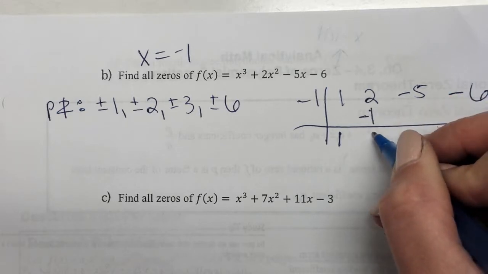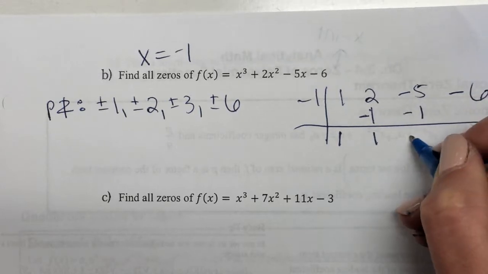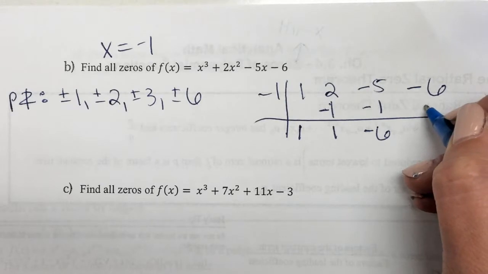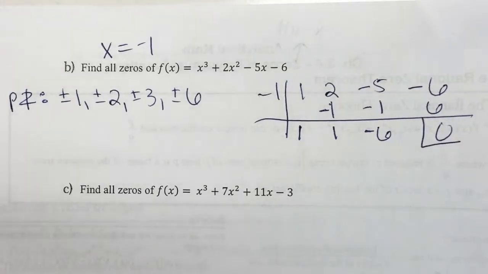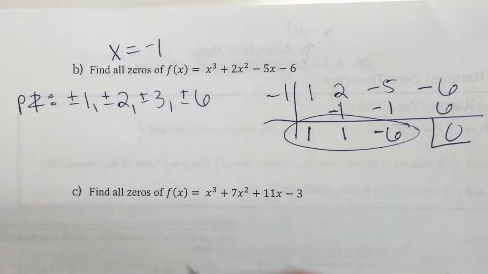Katie? Good. Alyssa right here? Good. Abigail right here? Brandon? And then 0. So tell me how to write this as a trinomial, Amber.